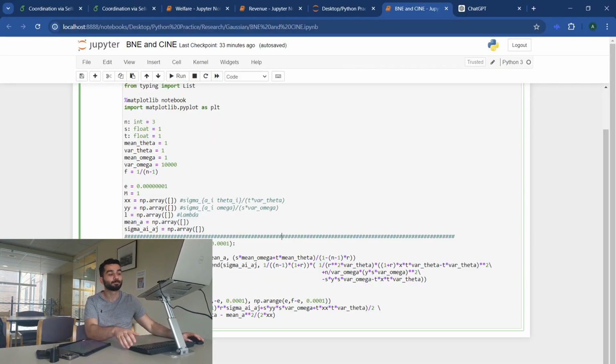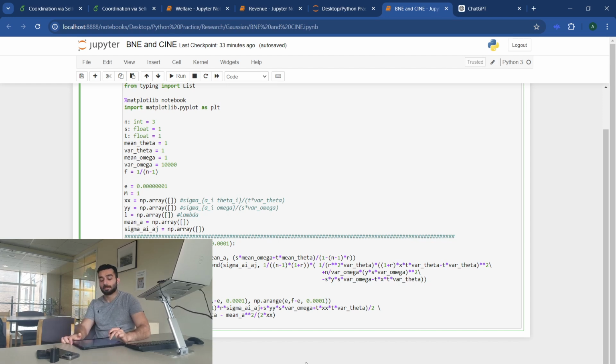So let's go to x again. X will be sigma AI theta I over t sigma theta I squared, which will be 1 minus n minus 2 r over 1 plus r, 1 minus n minus 1 r.